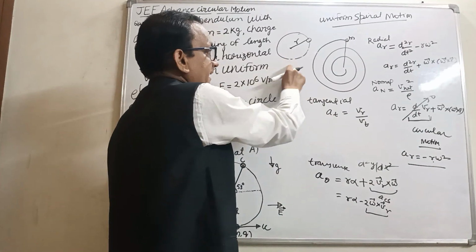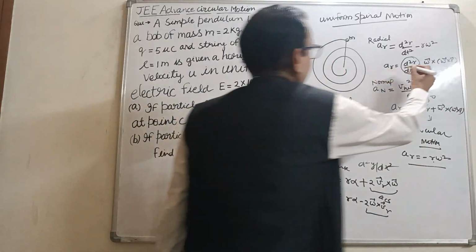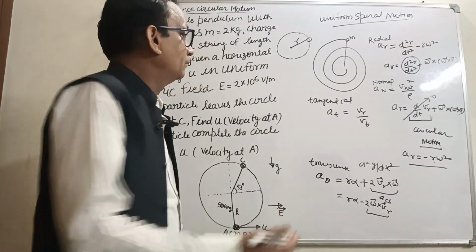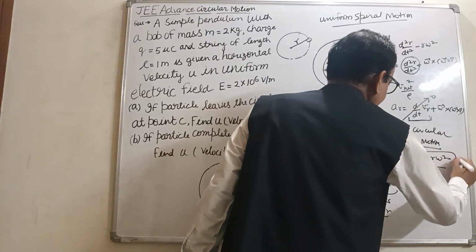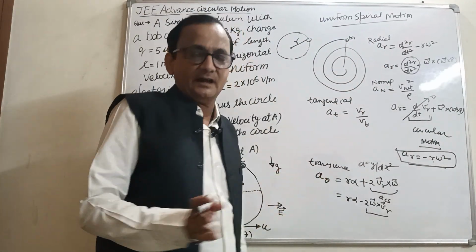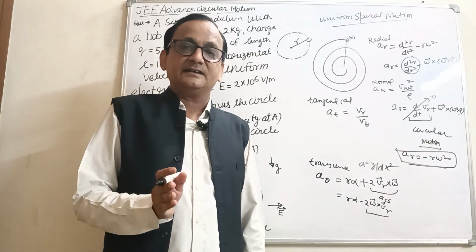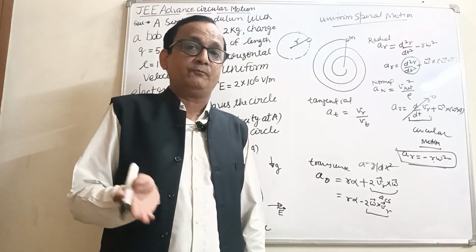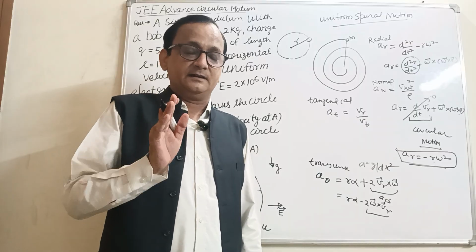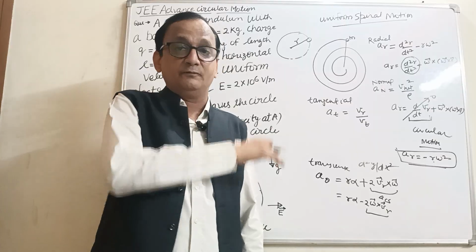So the term d2r upon dt square becomes 0, and that is why the radial acceleration becomes minus r omega square. In circular motion, the radial acceleration is only responsible for changing its direction, and the tangential acceleration is responsible for changing the magnitude of the velocity.